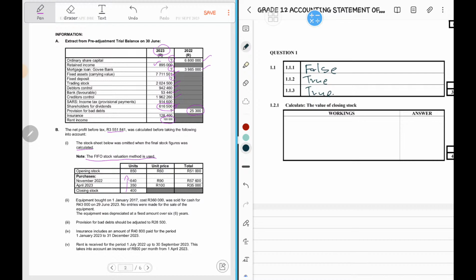But this one, they are saying it was omitted, meaning that it was not added there. So what we are going to do is add to the existing trading stock amount.